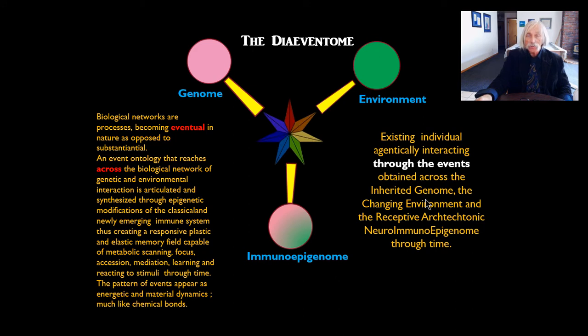Those genes, those concepts that you've received from mom and pop, the changing environment, always changing through space and time, and a receptive architectonic, that means a globally organized, if you want a logos, neuroimmunoepigenome through time.